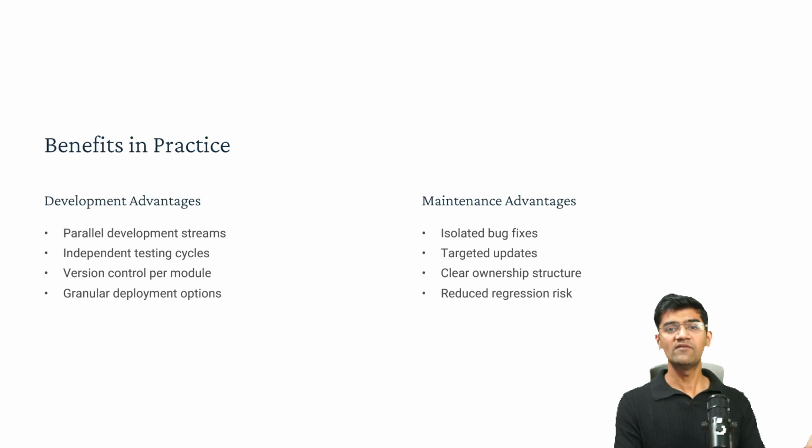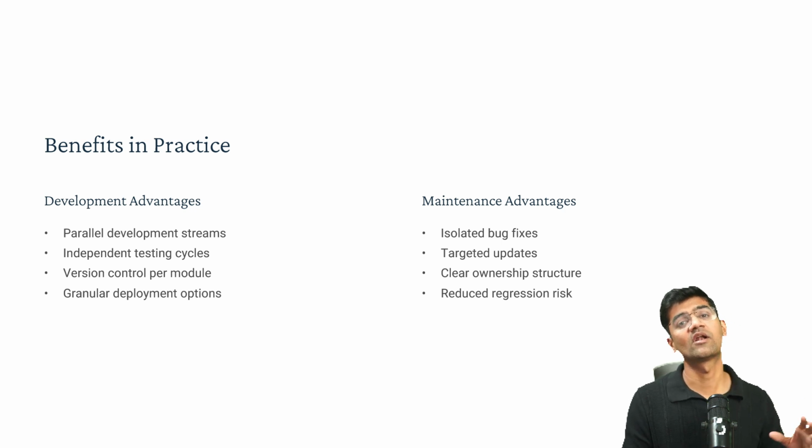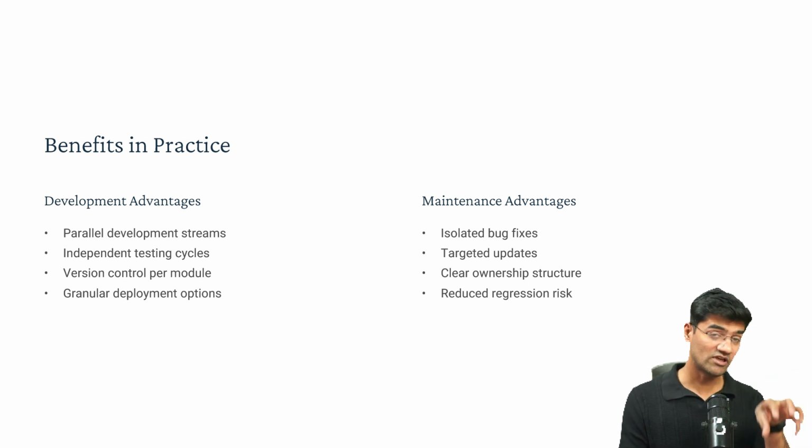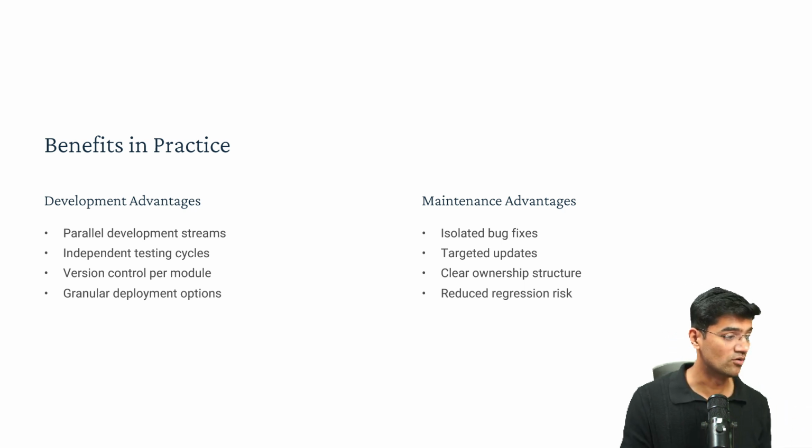Now, what are the benefits in practice? If we follow the modular approach, then parallel development will be very easy. There will be an independent testing cycle. If we make a change in one single module, we will not necessarily have to test every single thing. We can just focus on the functionalities associated with that module. Then version control will also be very easy, and it will be per module.